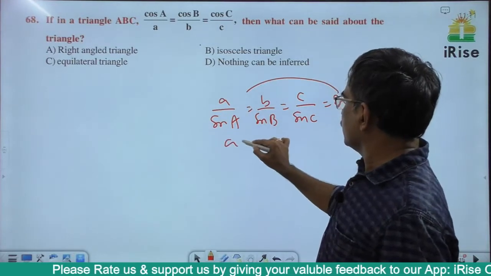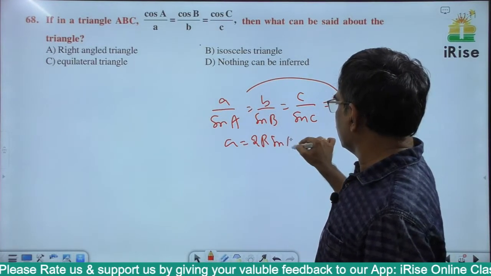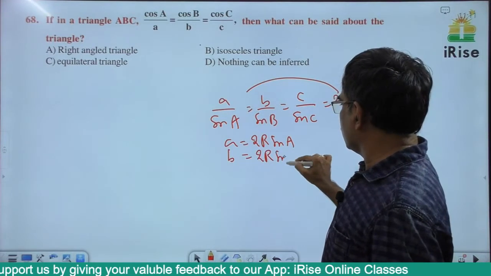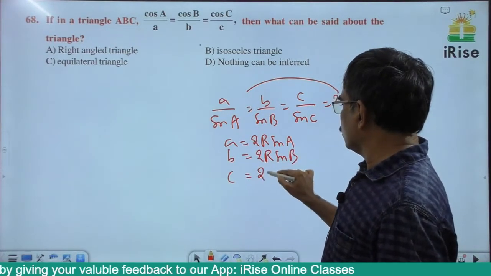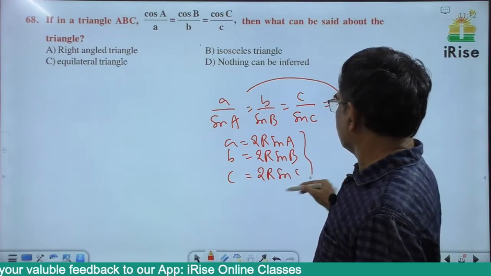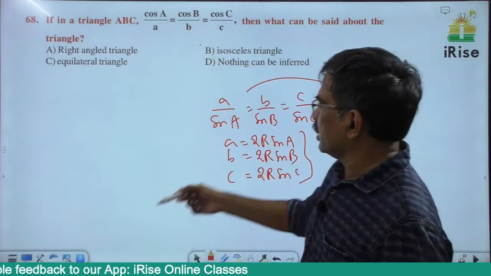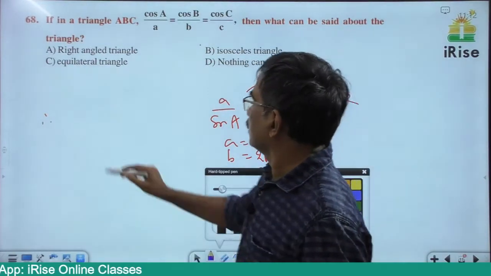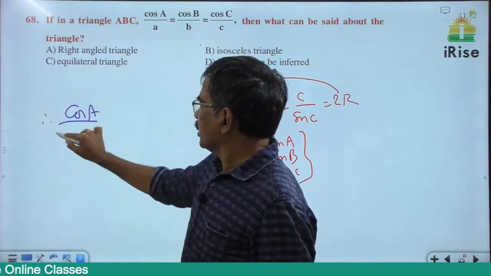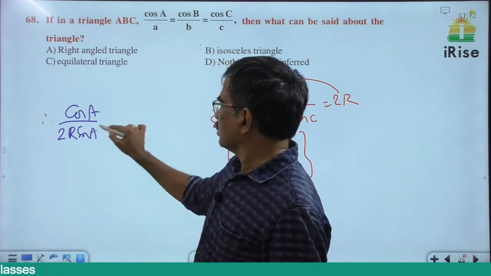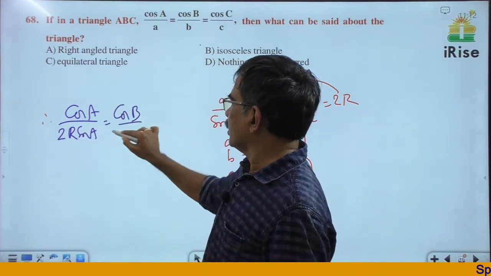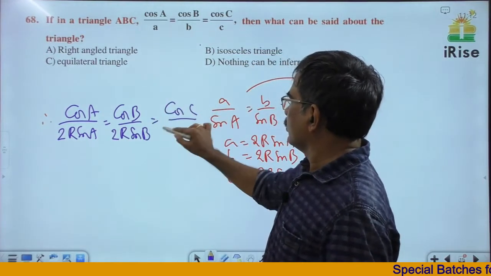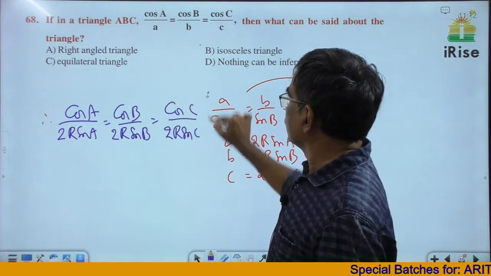So A is 2R sin A, similarly B is 2R sin B, C is 2R sin C. Substituting, this can be written as cos A by 2R sin A is equal to cos B by 2R sin B is equal to cos C by 2R sin C.